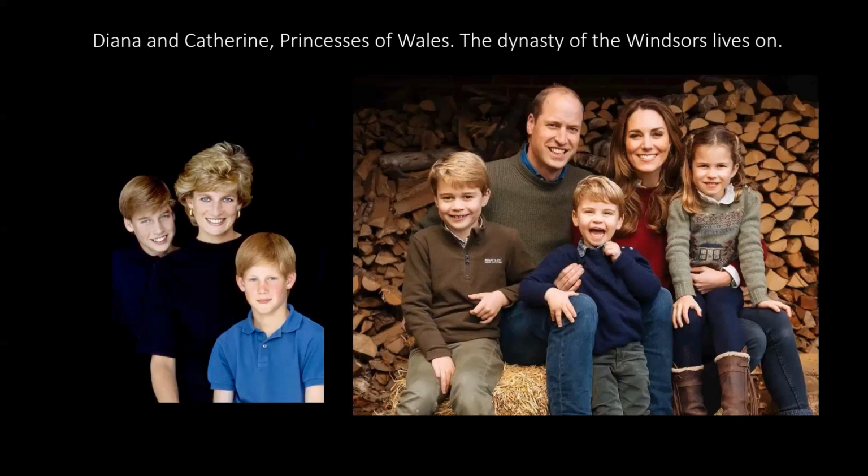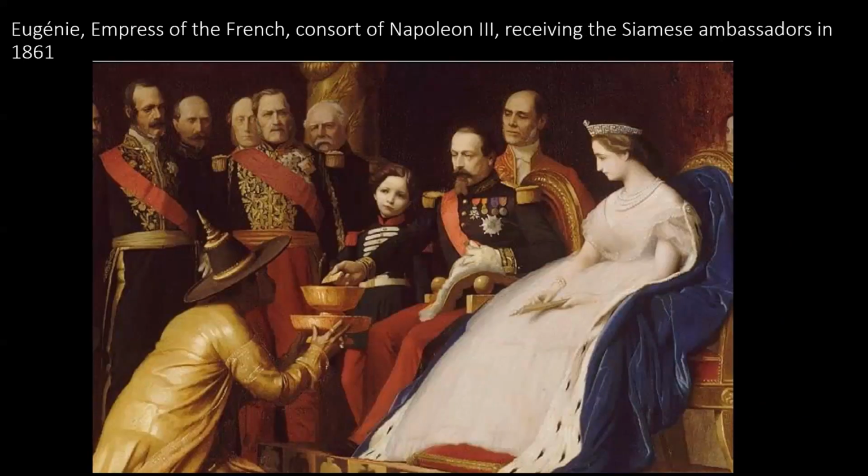Now, apart from bearing children, what else does a Queen Consort have to do? She has to be present on ceremonial occasions, and on these occasions, she has to wear certain headgear, namely a tiara. This is Eugénie, Empress of the French, receiving the Siamese ambassadors at, I think it was in Compiègne.